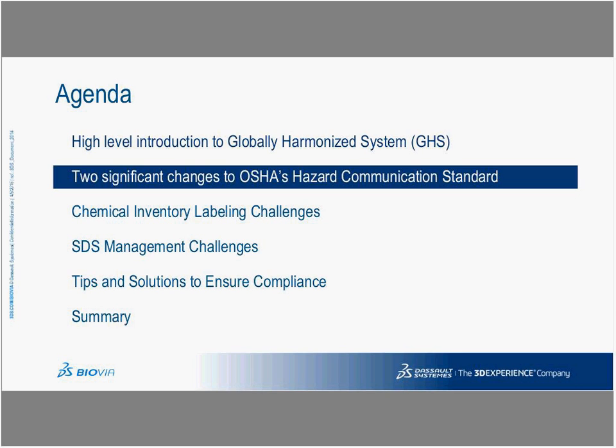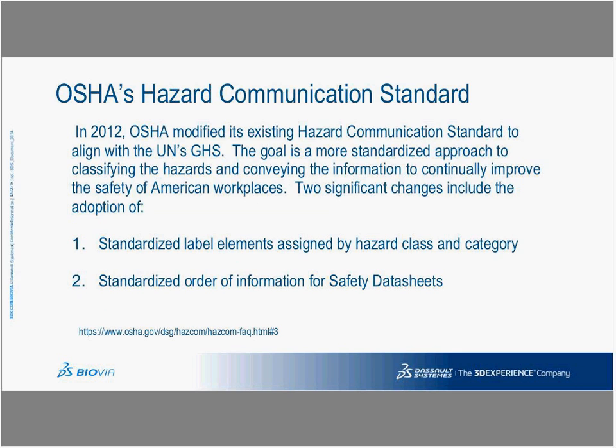That leads to the second point, which is how OSHA is going to change and how the change affects us. There are two biggest things: OSHA modified the HAZCOM standard in 2012 to align with the UN's GHS.